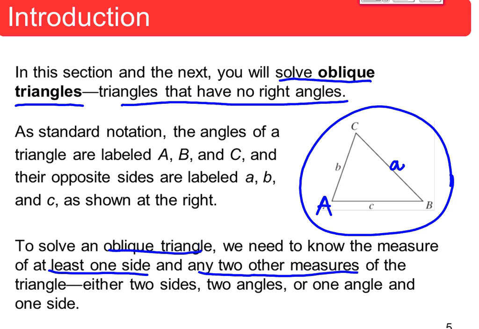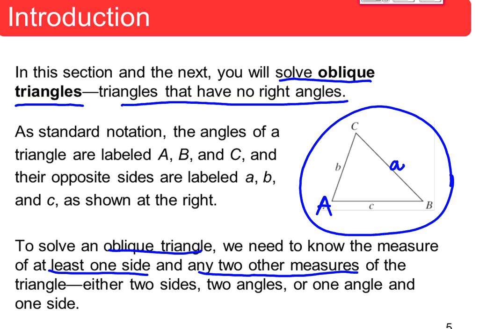And so to solve an oblique triangle, we have to know at least one side and two other measures. So that is the basic information. Sometimes what we can have given to us when we're using the law of sines is different than when we use the law of cosines. And right now, I'm going to tell you that for using the law of sines, we have to know, at a minimum, or be able to find, an angle and its opposite side.